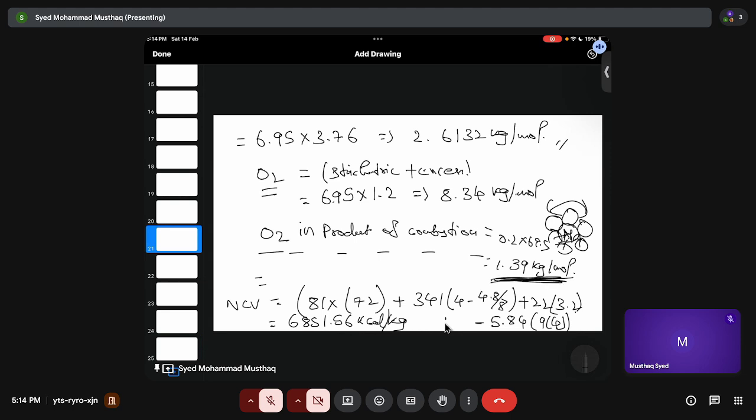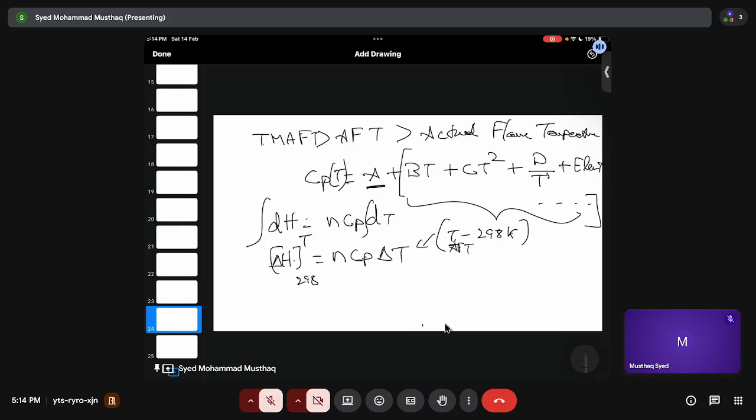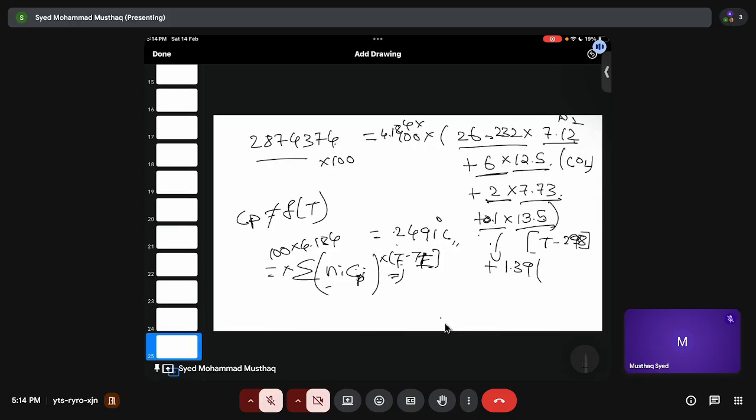So that is 1.39 times Cp of oxygen, which is 7.61. That's it. We just add this here if excess is purged. This is according to question 1. Okay, if excess oxygen is purged, that's it.